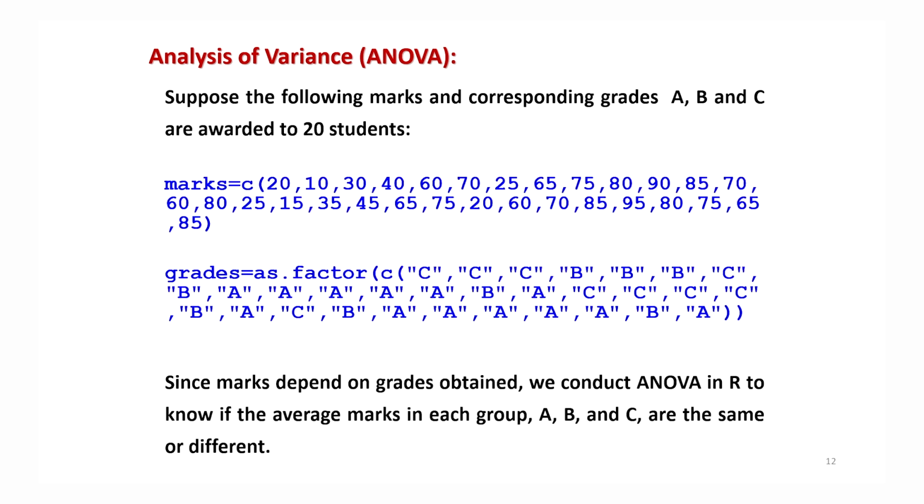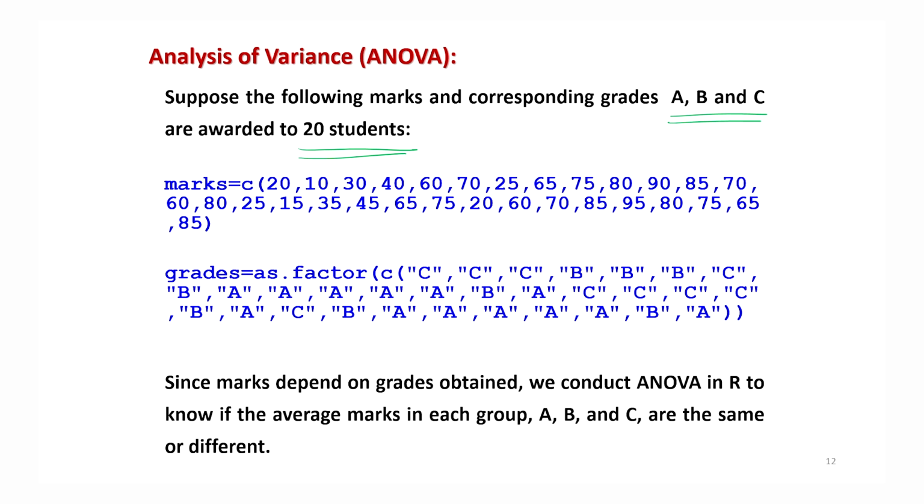So, let us take some examples and try to understand how to conduct this analysis of variance in the R software. Suppose we have a class of 20 students, and based on their marks they have been graded, and the grades are A, B and C. For example, if there is a rule that if somebody gets more than 60% marks, then the person is classified as first division. If between 45 and 60% marks, then the person is classified as second division, and so on.